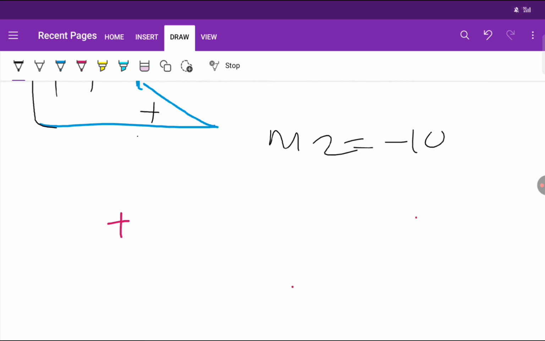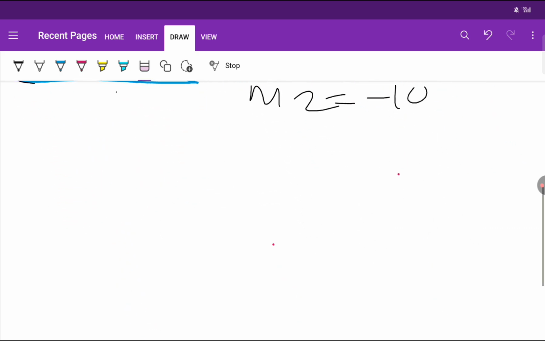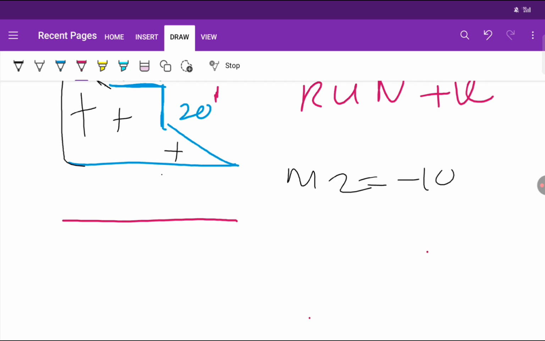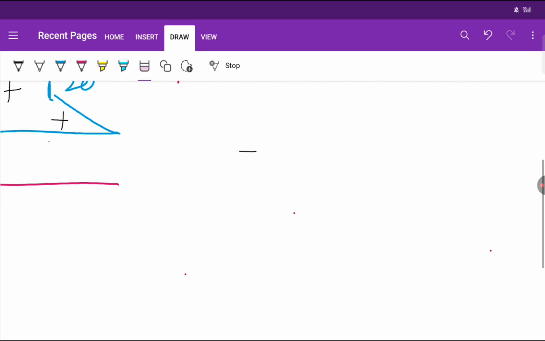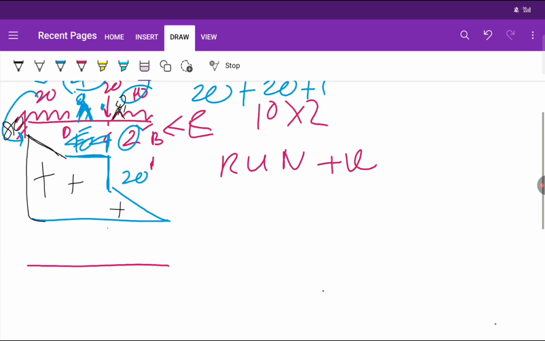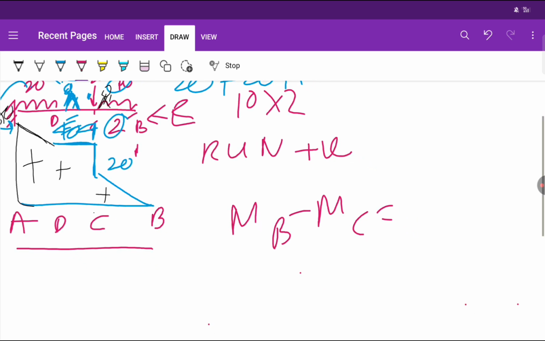Now I want to calculate the bending moment. How will we calculate the bending moment? Let us take this portion. Here these are B, this is our C, this is our D, this is our A. So MB minus MC is equal to the area of the shear force.